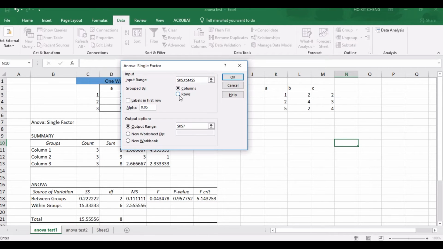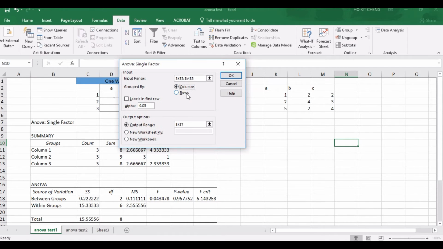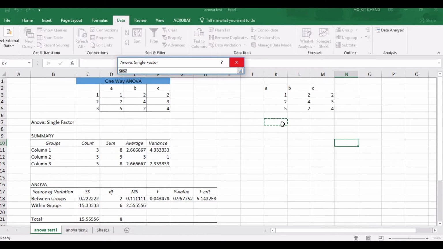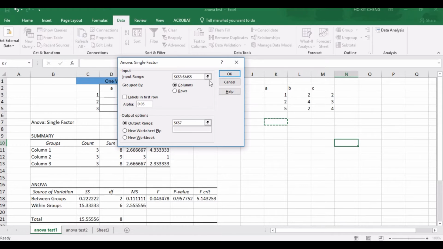Remember we represent our data by column, so we need to choose columns, and check that our alpha is 0.05. Finally, we choose the output range, and for example, I would like to choose here. Then to finalize, we press OK.